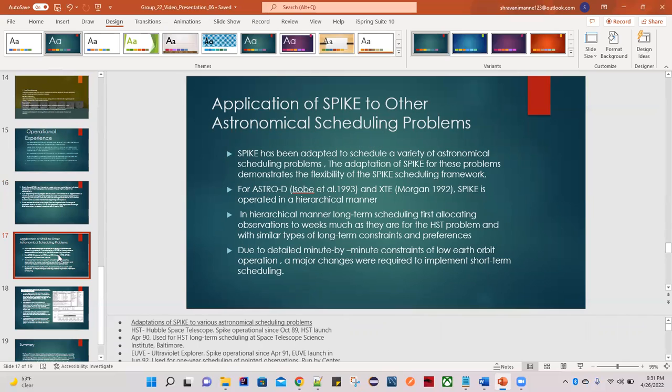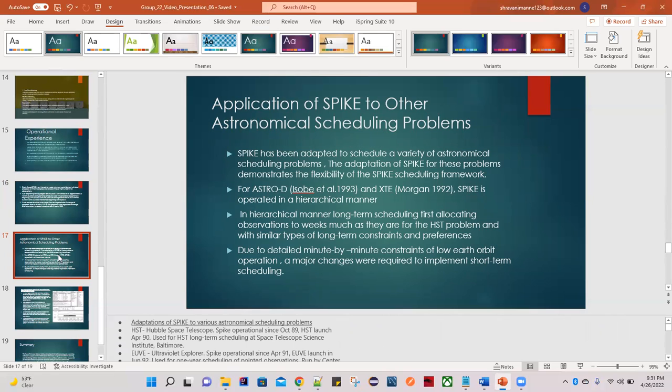Application of Spike to other astronomical scheduling problems. Spike has been adapted to schedule a variety of astronomical scheduling problems. The application of Spike to these problems demonstrates the flexibility of the Spike scheduling framework. For Astro-D and XTE, Spike is operated in a hierarchical manner.